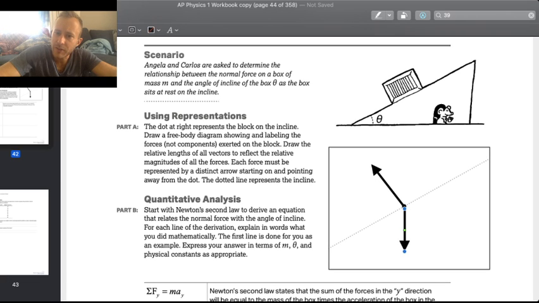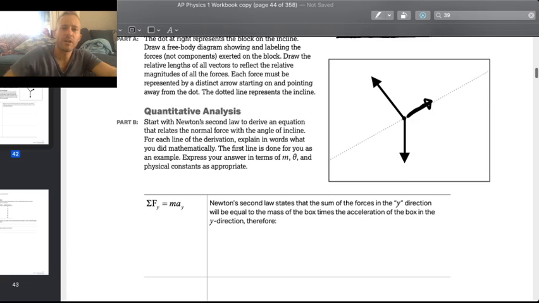And then we've got static friction, which points along this way, like so. Like that. So those are the forces.